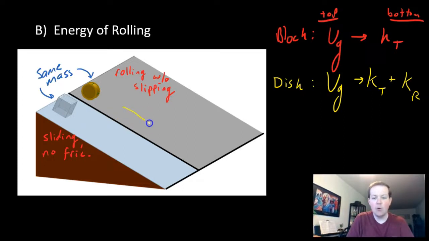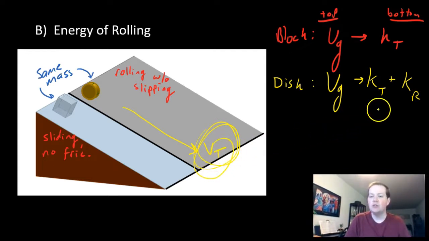But this is the key idea. When we're thinking about which one wins the race, we're really trying to argue which one's going to be going faster, right? Because if they're traveling the same distance and one gets to the bottom before the other, it gets there in a shorter time, it must be traveling with a greater translational velocity. So which of these two has a greater translational velocity?